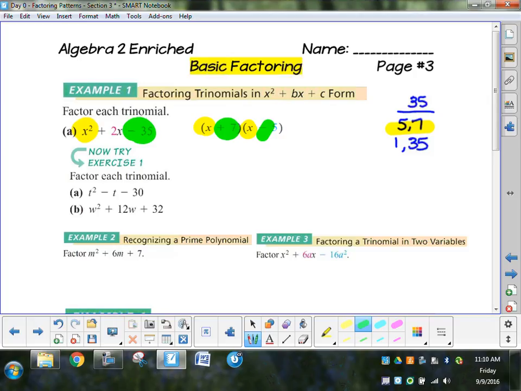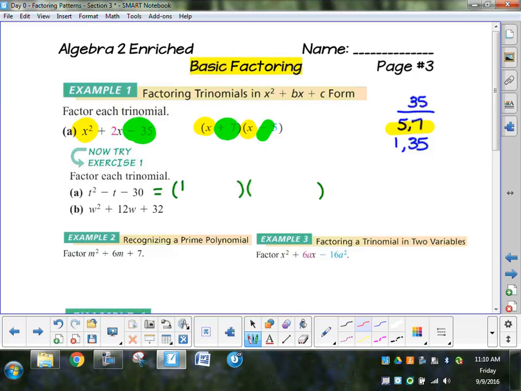Alex M., which one do you want to do? Do you want to do A or B? All right, what did you get for A? I got for the middle number, I got negative 30. Hang on. What would you put to start this back up? X plus 6 and X minus 5. Careful. What variable are we using?